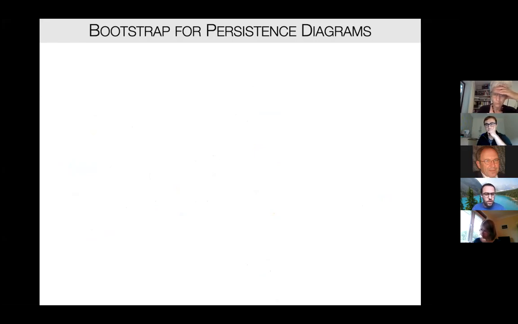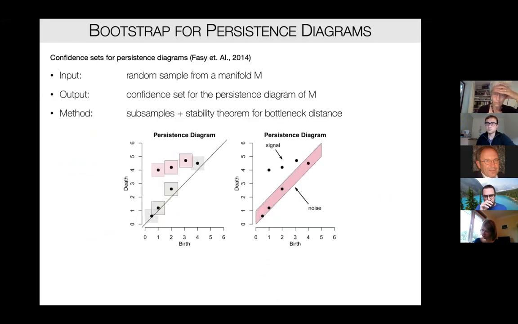Before I go back to the problem, I should mention that the idea of putting bootstrap in the pipeline of TDA and persistent homology has been done before, and the fundamental work is by Fasy et al. from 2014. I just want to quickly tell you what the idea there was. In this work, they assume that there's data sampled from a manifold. You want to recover the persistence diagram of the distance function from the manifold, and all you have is random samples.